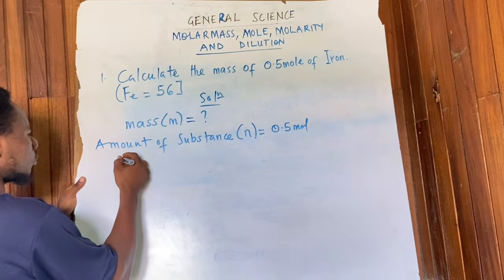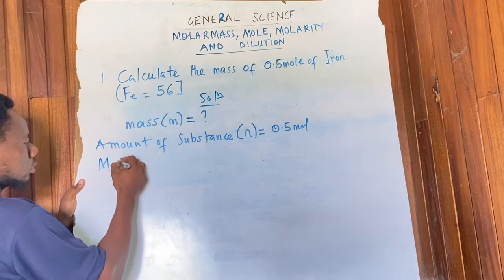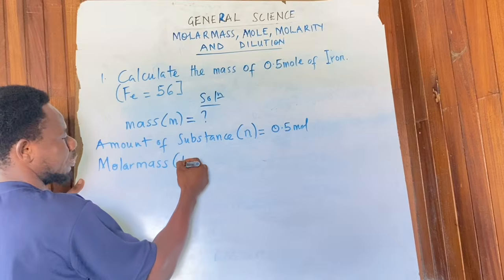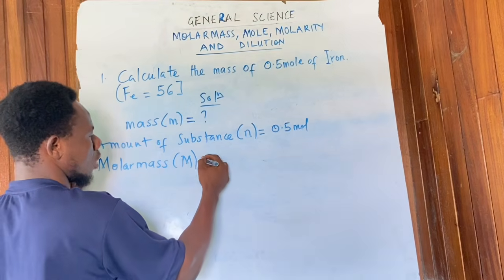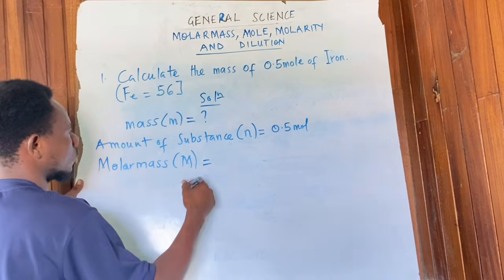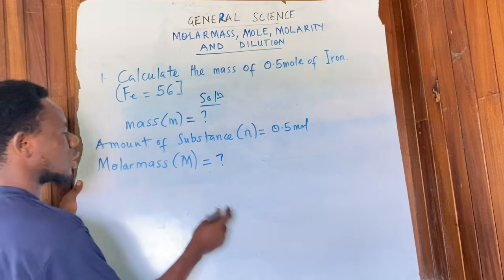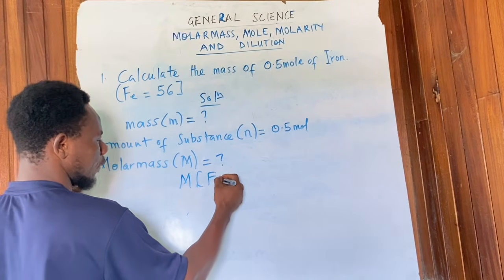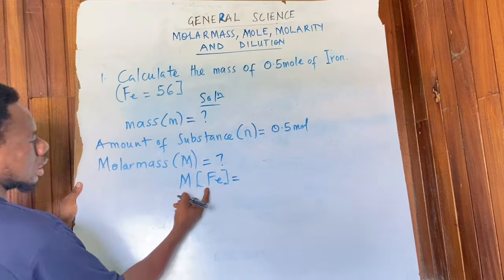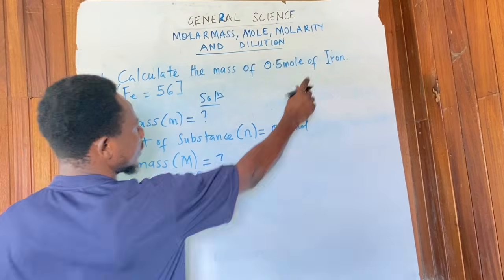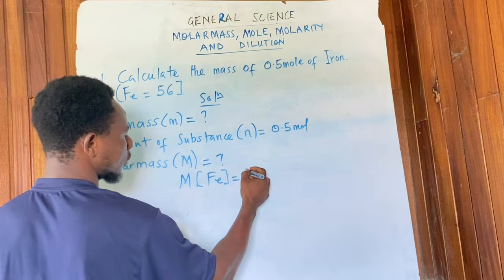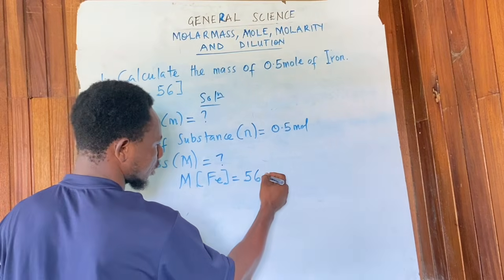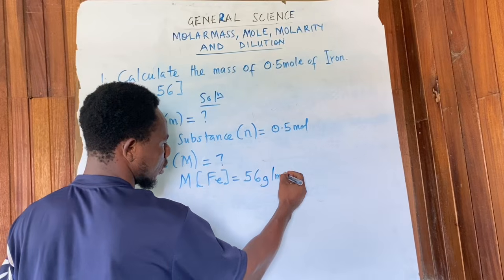So molar mass, which is big M, is equal to, now you don't know the molar mass, so you have to calculate the molar mass of iron, Fe. Now Fe was given as what? 56. Iron is Fe, so 56 is just the Fe. So 56 grams per mole.